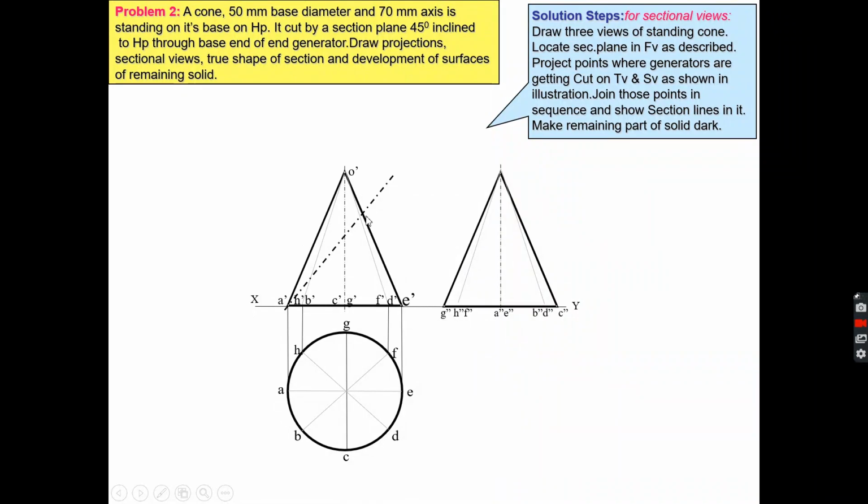So we will transfer all these points in the top view. Like this you can transfer the points.